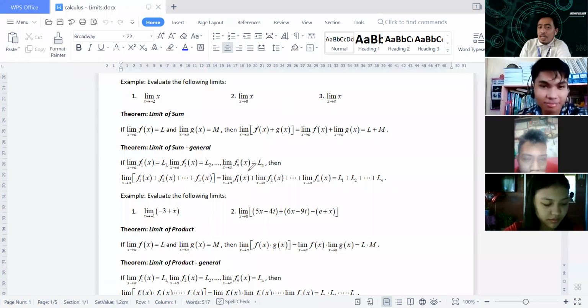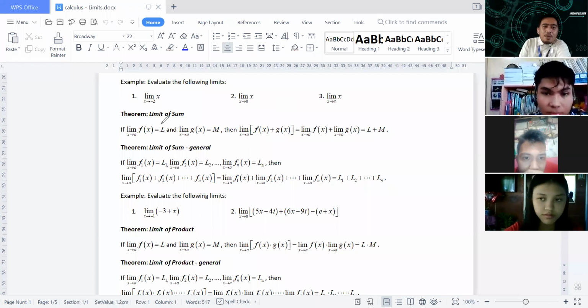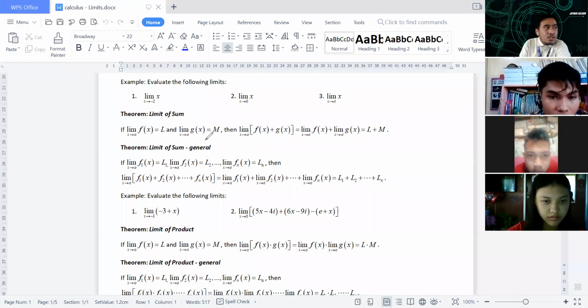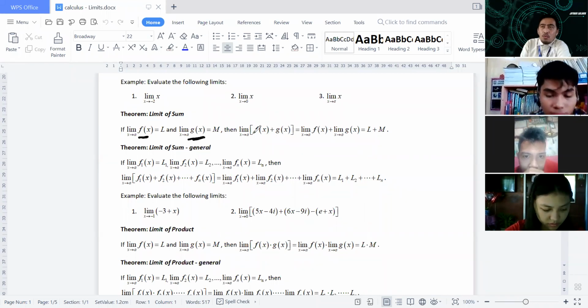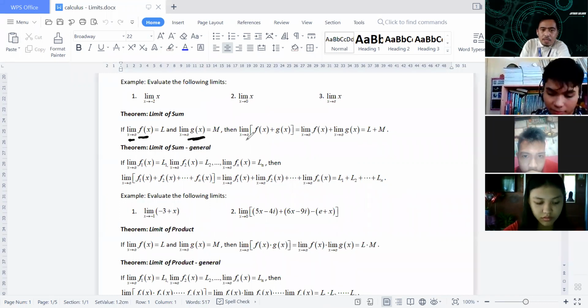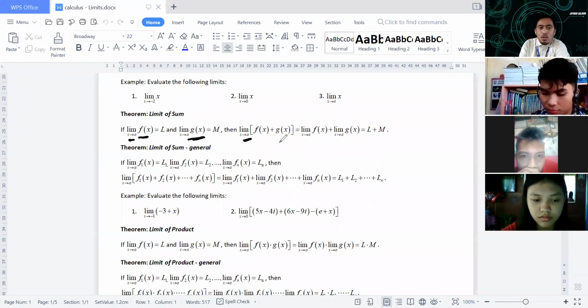What does this limit of a sum tell us? If you have a function f of x as x approaches a equal to L, and another function g of x as x approaches a equal to M. You have two functions, f of x and g of x. If you are going to find the limit of the sum of the two functions having the same fixed point, remember, they should have the same fixed point, then class, you can distribute the limit just like this.